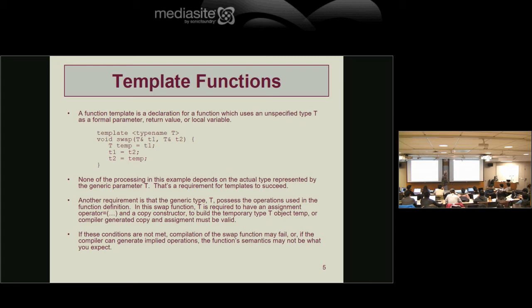None of the processing in this example depends on the actual type, but it's expecting that the type has those operations. Now, C++ does a nice thing with templates. It does a lazy analysis. The compiler looks at that and says, that code looks correct. Remember, when it's compiling a template library, it's not generating OBJ code, doesn't know the types, it can't lay it out.